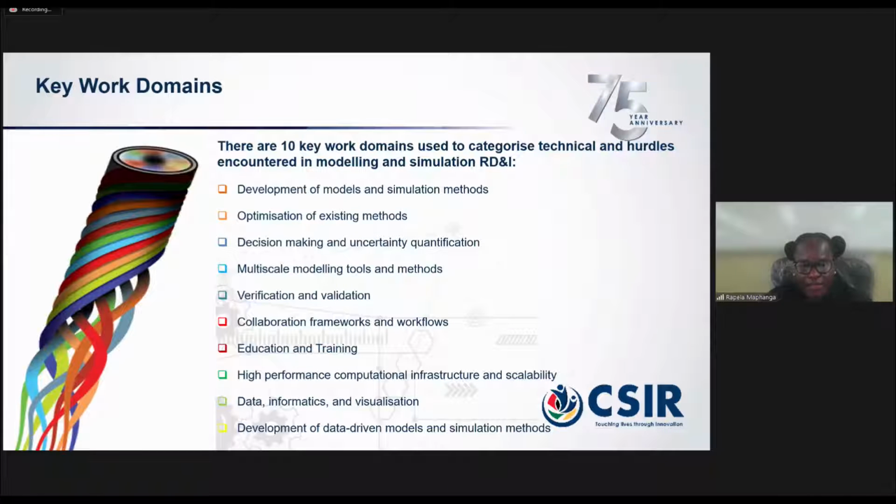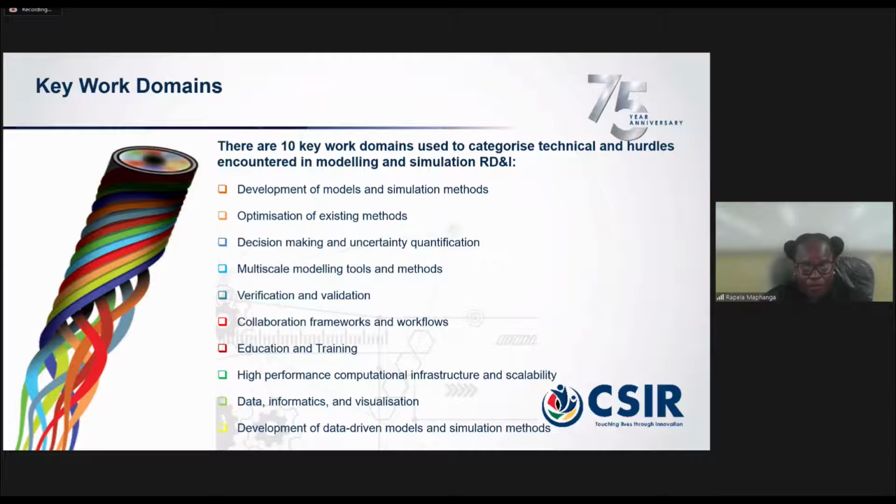They are in most cases linked to each other. I have a list of them here, and I'll try to summarize some of the proposed ideas that we have. Firstly, we have a program on development of models and simulation methods. Then, closely related to that, we have the optimization of existing methods.